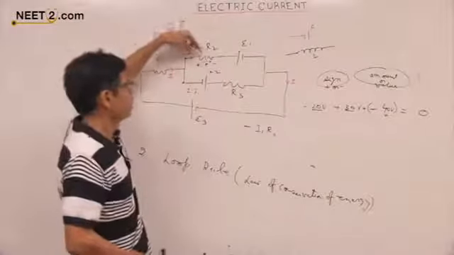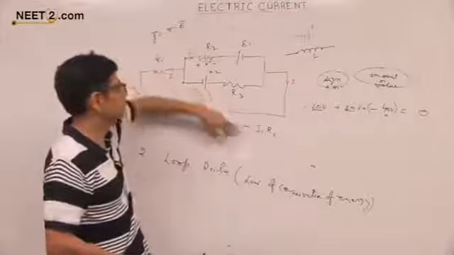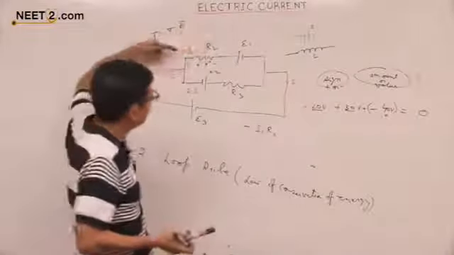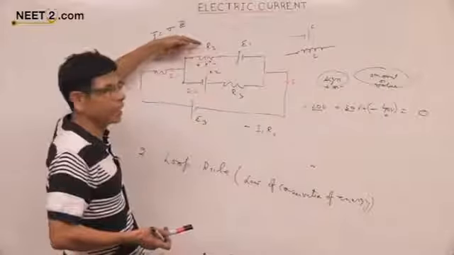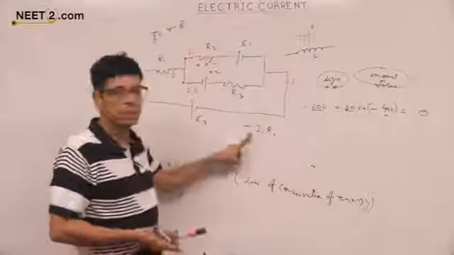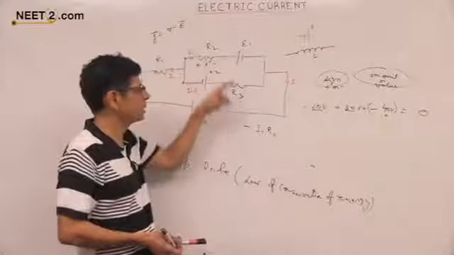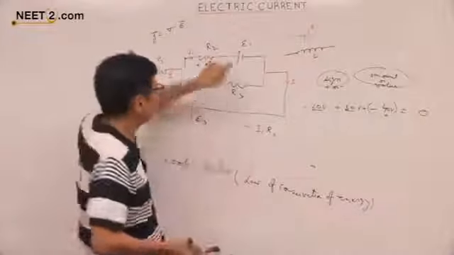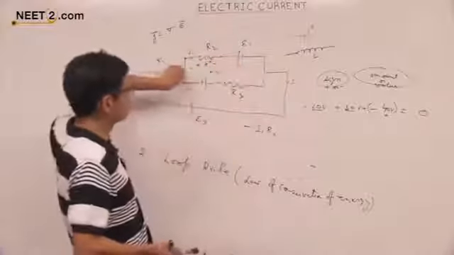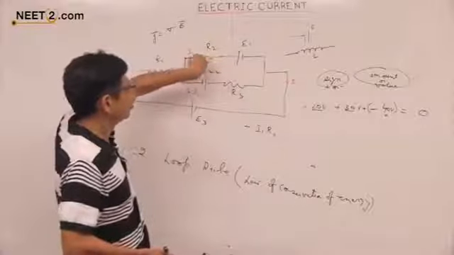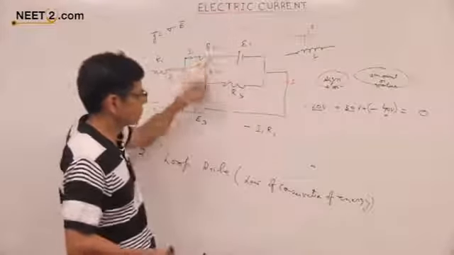So you can argue like this and decide plus or minus, or you can remember this: moving in the direction of the current going through a resistor, you write minus, and moving opposite to the current as you traverse the loop going through a resistor, you write a plus.